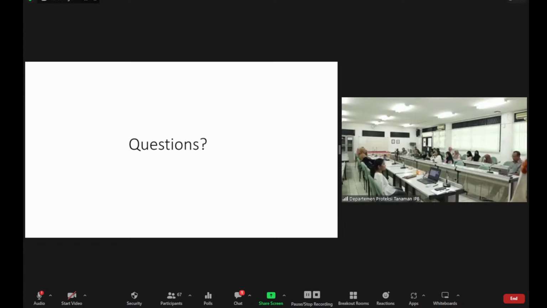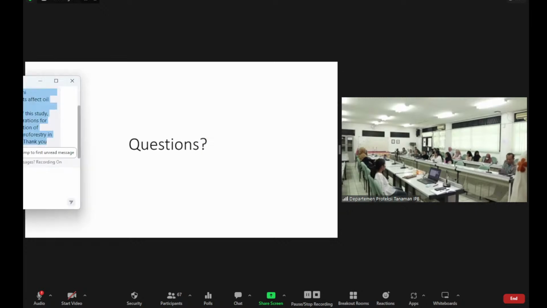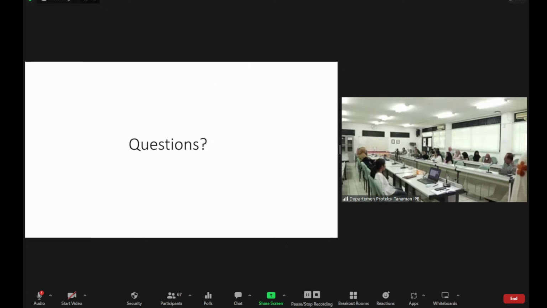Sorry, maybe I'm late coming to this room, so I don't know what they presented in the earlier presentation, but can you tell me about the background, why you conducted this research about the riparian? Because in Indonesia the government already made a rule for the riparian.